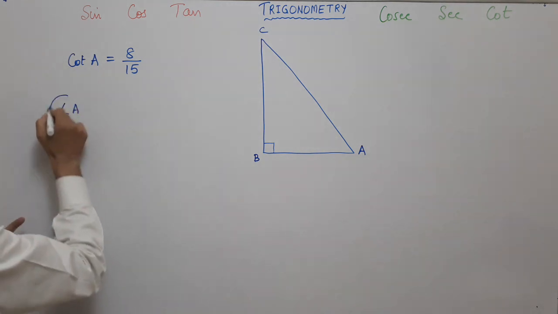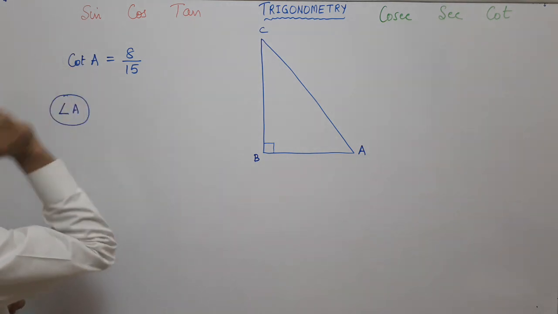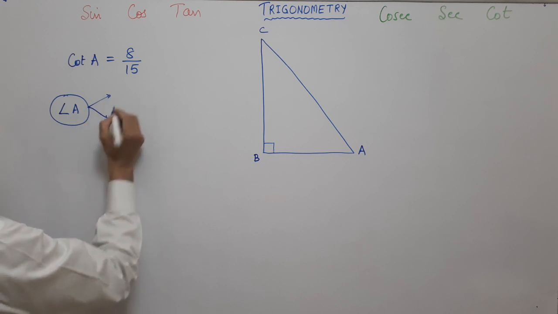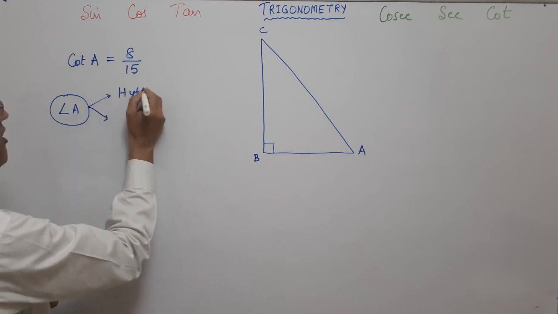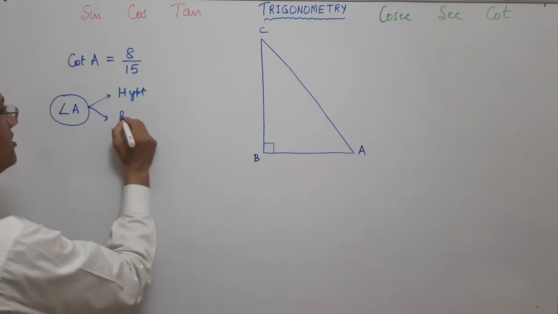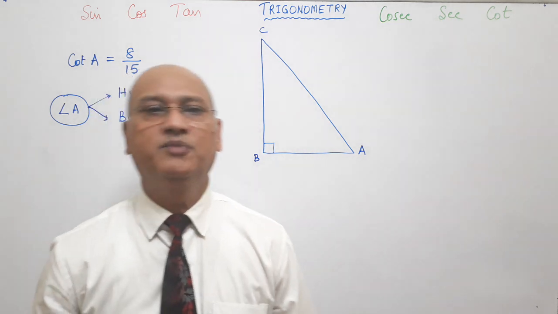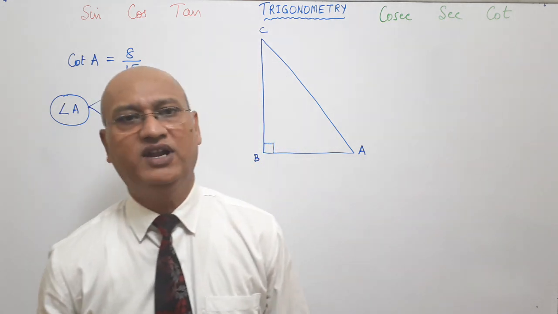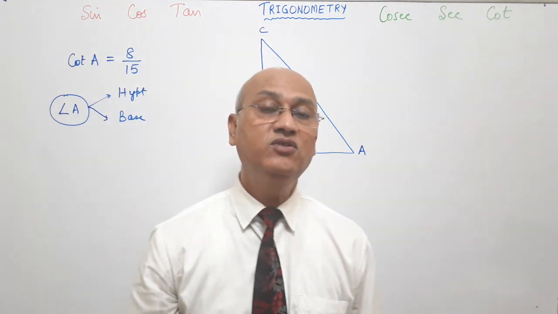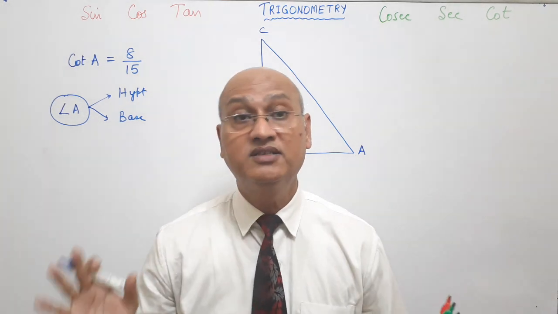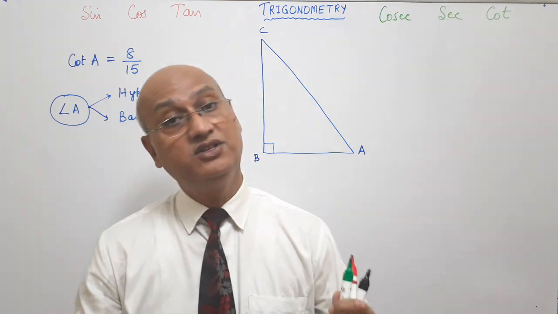Whatever angle is associated with the trigonometric ratio, it will always be made up of hypotenuse and base. This is the criteria by which we decide the perpendicular, base and hypotenuse of a right angle triangle. This you have to learn, because sometimes the acute angle changes, and the perpendicular and base change. Here you are going to understand how the perpendicular and base change.